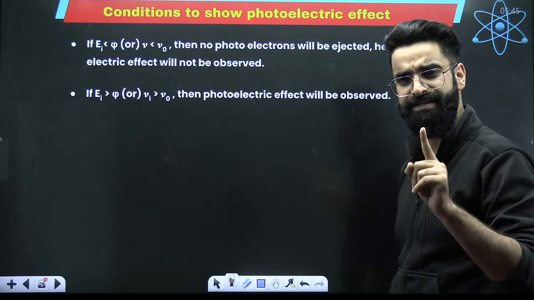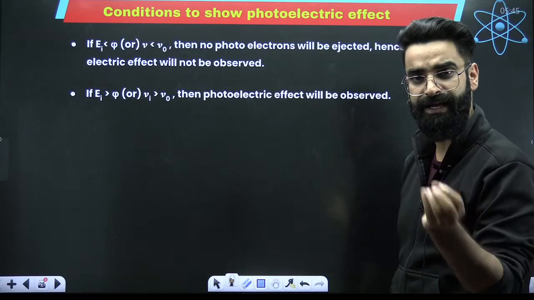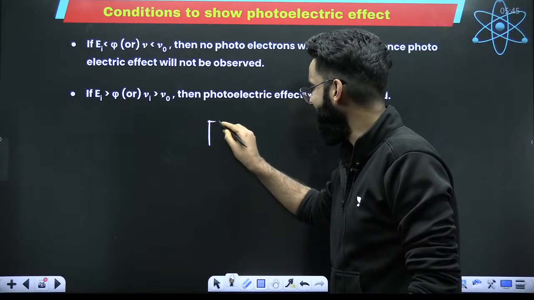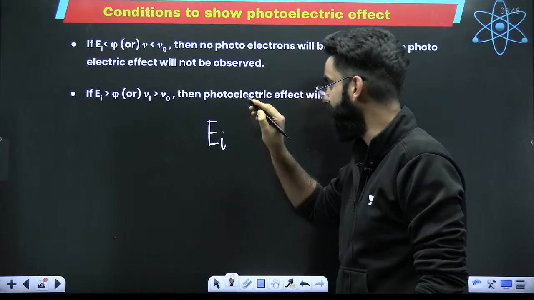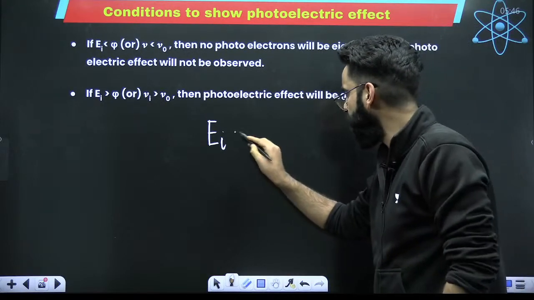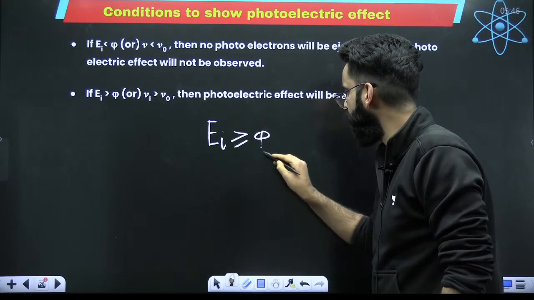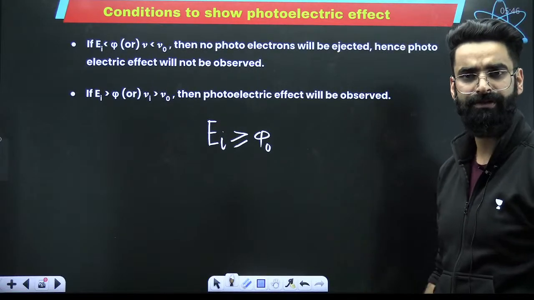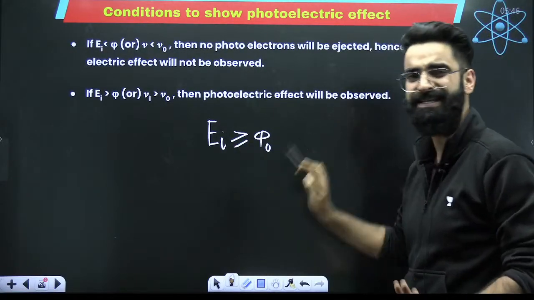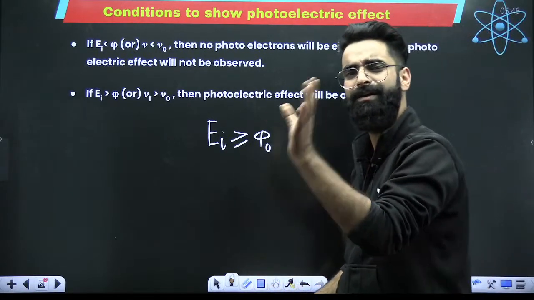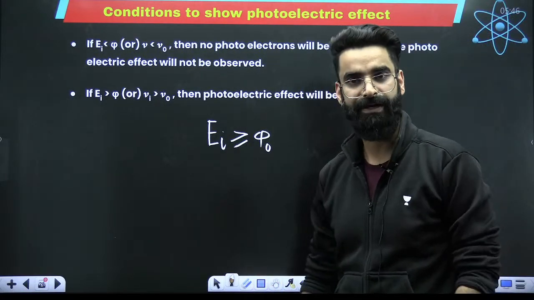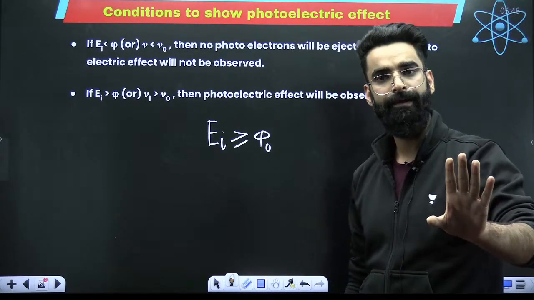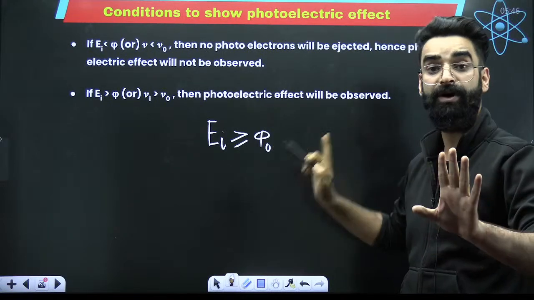Since you know one photon is enough to take an electron out, do remember, incident energy has to be greater or equal to the work function. This is the condition which should be satisfied. Then only the electron can be knocked out from the surface of the metal, right? The incident energy should be greater or equal to the work function.